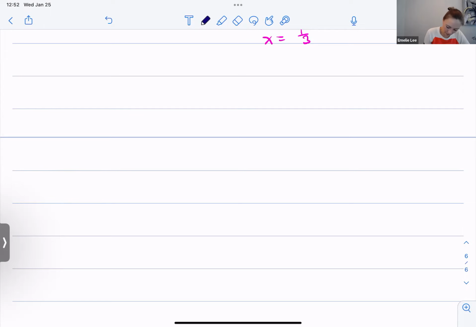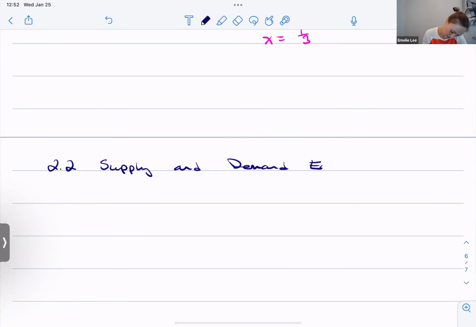I do, however, want to start section 2.2. All right. Section 2.2. So that was all 2.1, kind of still covering some math concepts. 2.2 is on supply and demand economics.